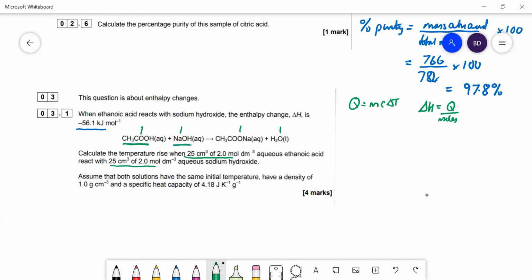Right, let's work out our moles. We need to work out the moles of NaOH first.